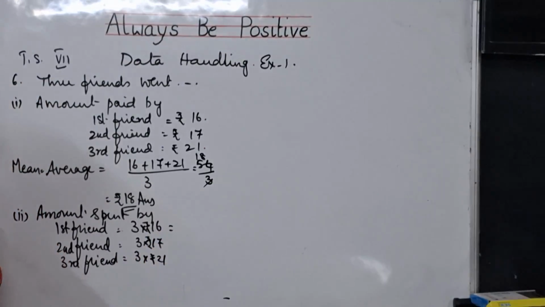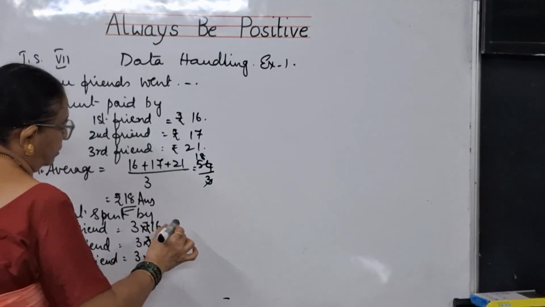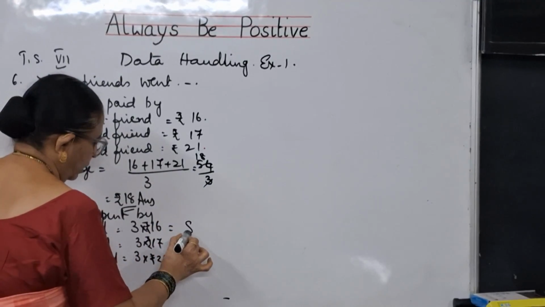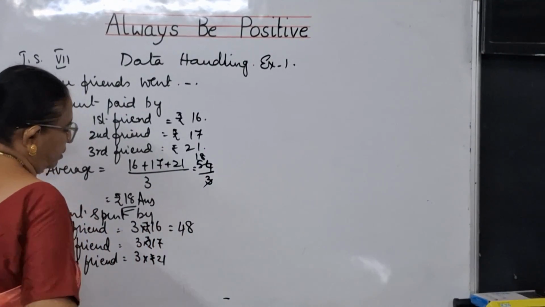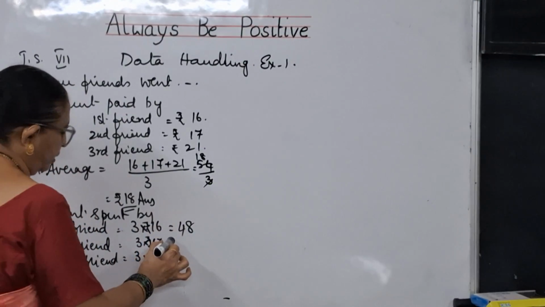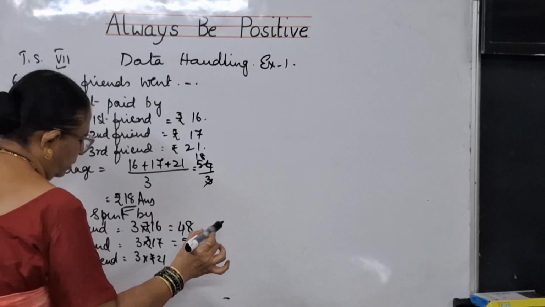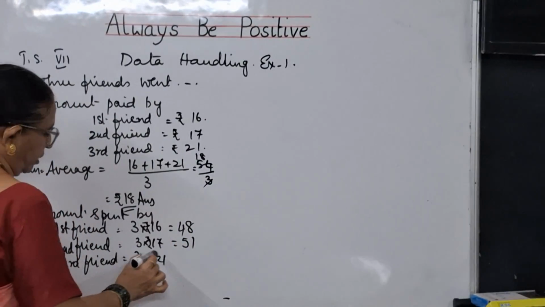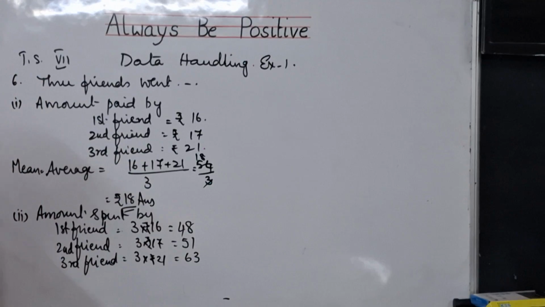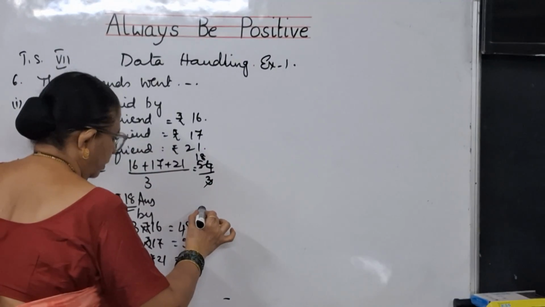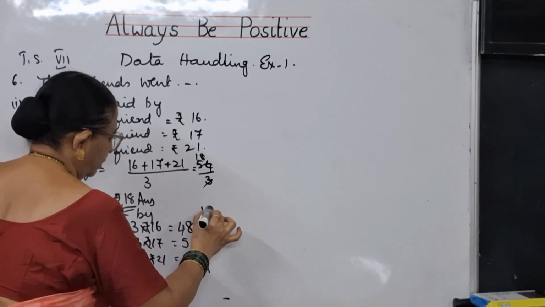So how much 3 times of rupees 16? 16 threes are 48, no? So 17 threes are 51. 21 threes are 63. So now let us find out their mean.